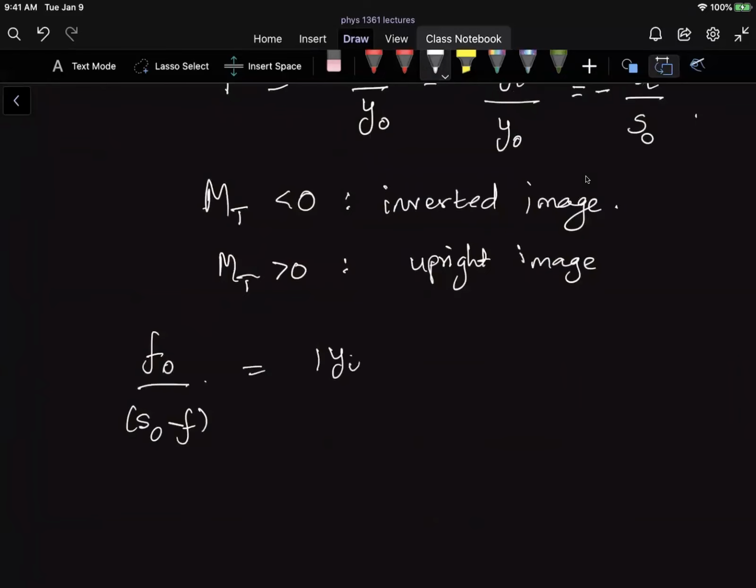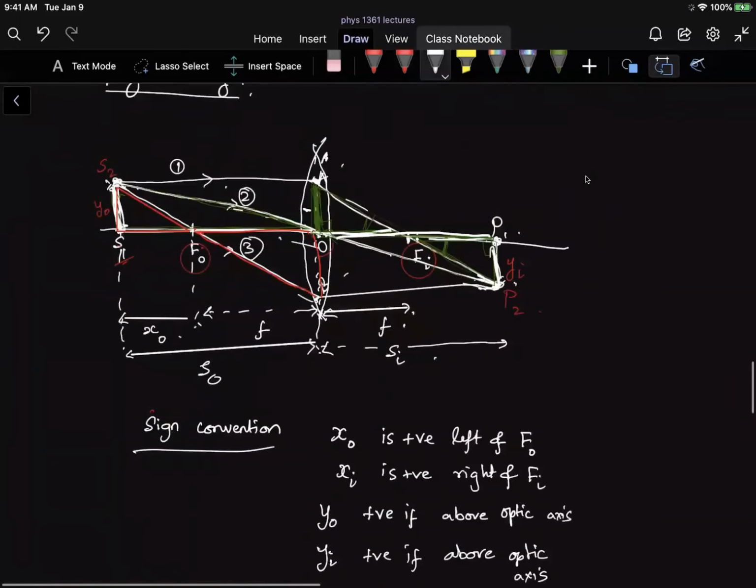is equal to, again, Yi divided by Yo, because now we see in this triangle, this distance from O to this point B over here, this point B has now become obscured, so that's point B, it's point A. OB is the same as Yi, so that distance is Yi, and this distance is Yo.